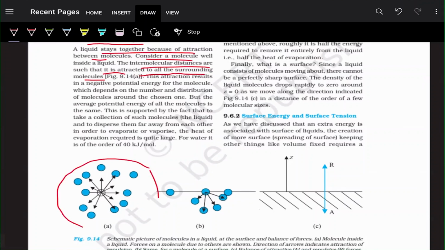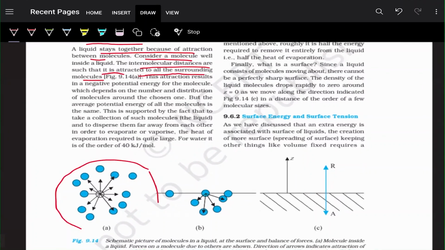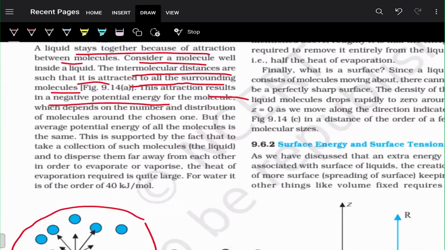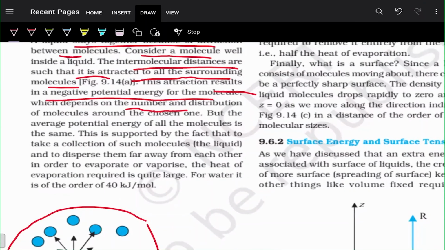This attraction results in a negative potential energy for the molecule, which depends on the number and distribution of molecules around the chosen one.